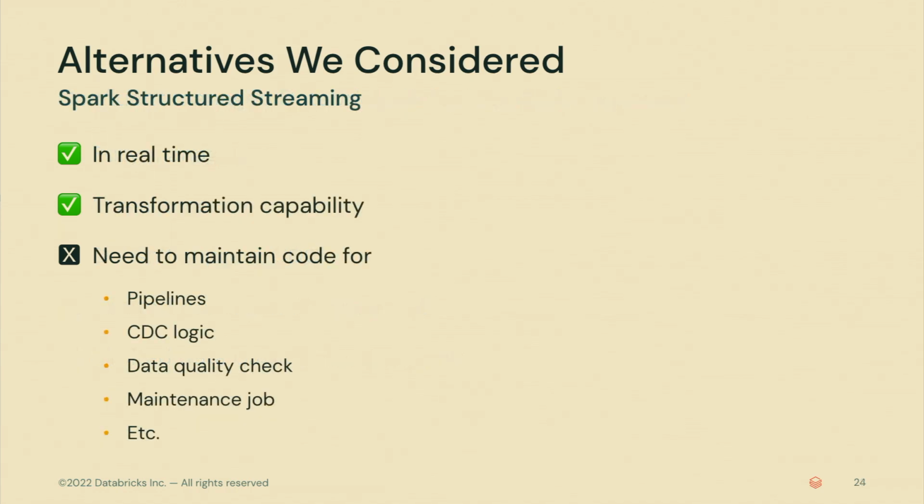Another alternative we considered is plain Spark Structured Streaming. It also offers low latency and has strong transformation capability. You can transform your data with SQL or the Spark API. But to achieve our use case, we need to maintain a lot of code for defining your task workflow and your change data capture logic. We have to implement our own data quality checks.